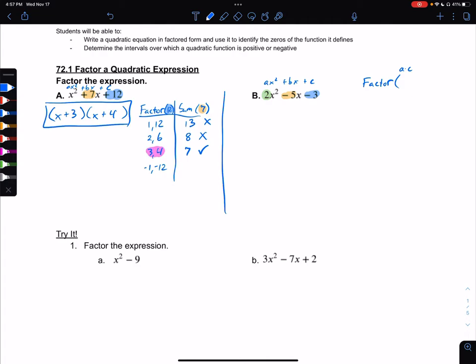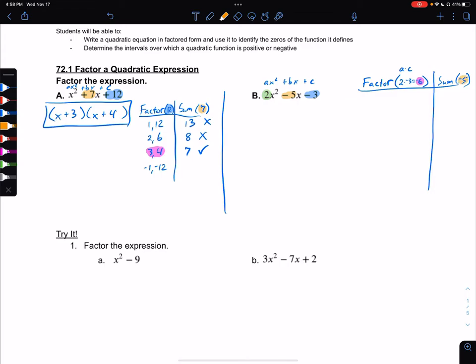So we want the factors of 2 times -3, which is -6. So we are looking for factors of -6 that have a sum. The sum stays the same though. We still want a sum of -5. That's still the b value.